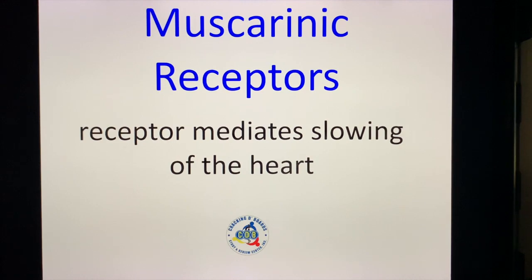Again, basic autonomic principle. Parasympathetic nervous system is inhibitory to the heart. The muscarinic receptors, which are parasympathetic or cholinergic rather, are responsible for mediating the slowing of the heart. On the other side, sympathetic stimulation, which is adrenergic receptors, would excite or stimulate the heart.